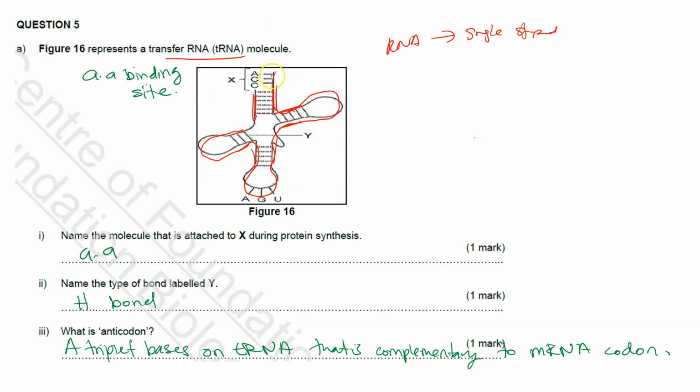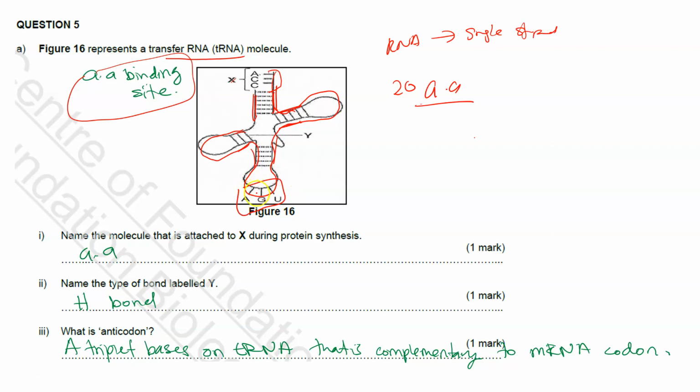So, for the tRNA, it has two major regions, which is the X region is the amino acid binding site. Okay, so every tRNA will carry a specific amino acid. We have 20 different amino acids, and these amino acids will be carried by different tRNA based on the anticodon on the tRNA.